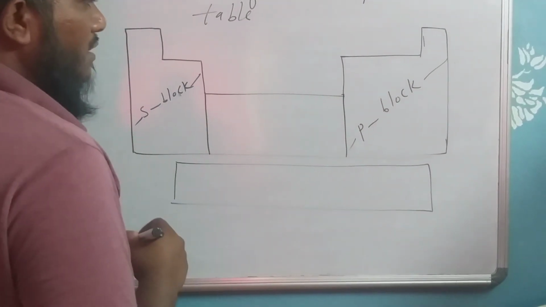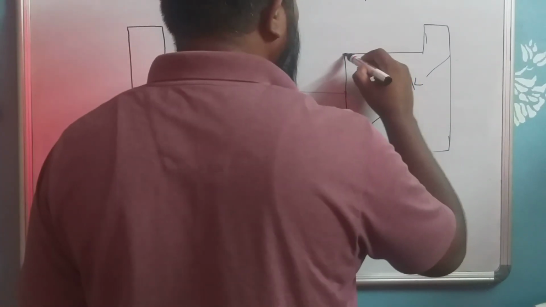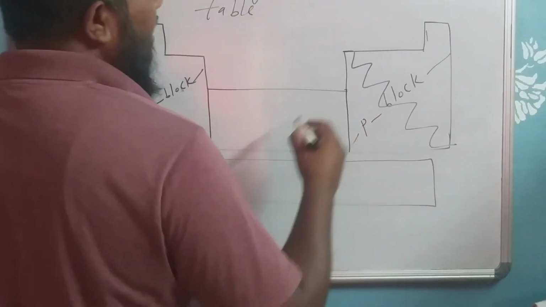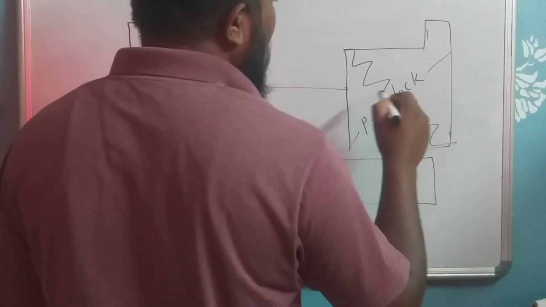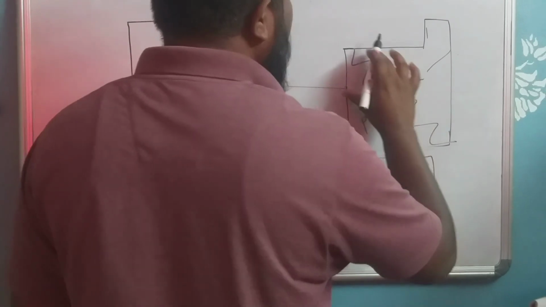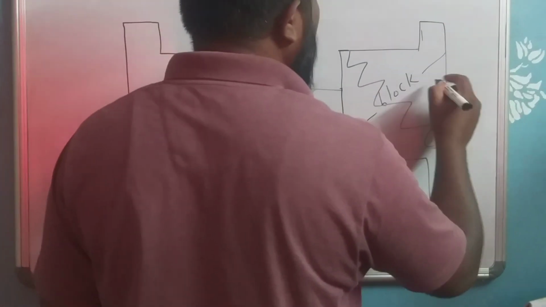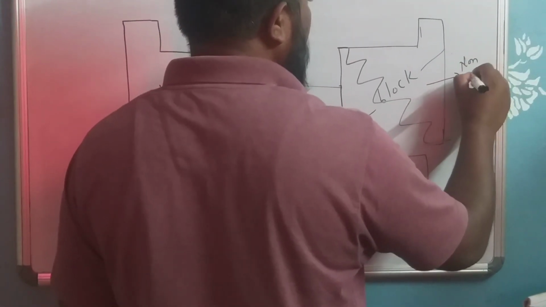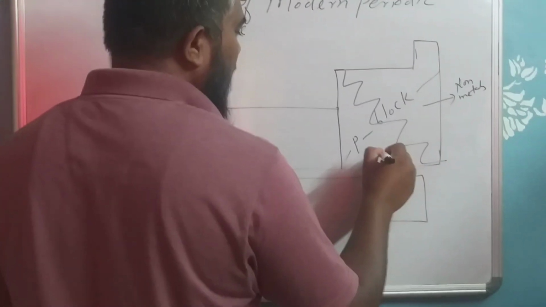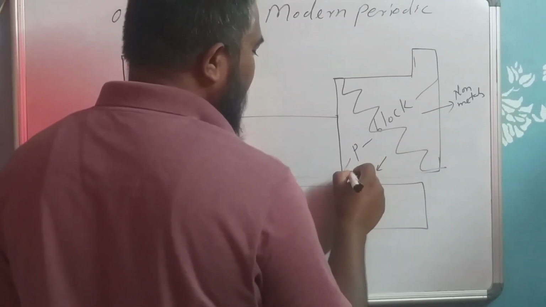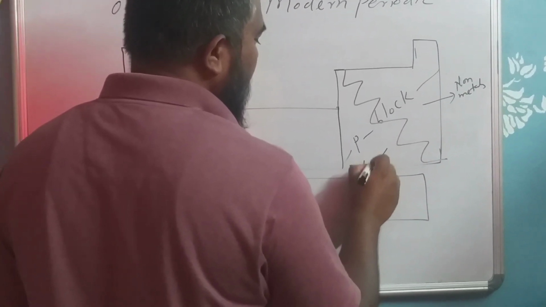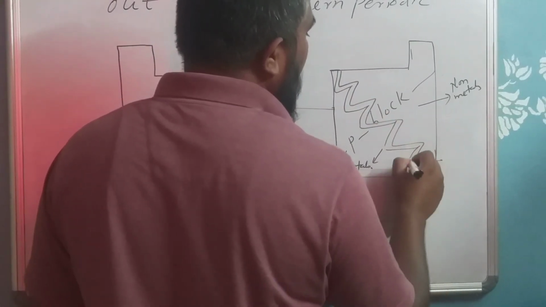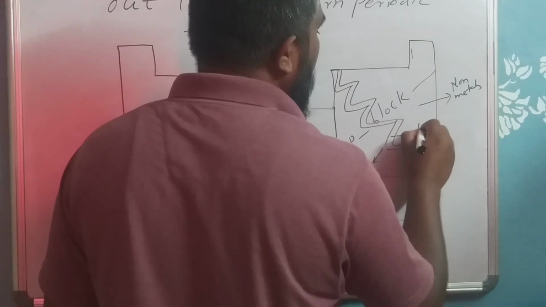This P block has a zigzag line in between. This zigzag line contains metalloids. The upper part of the metalloids contains non-metals. The lower part of the metalloids contains metals.